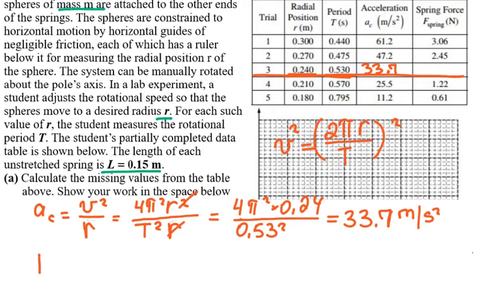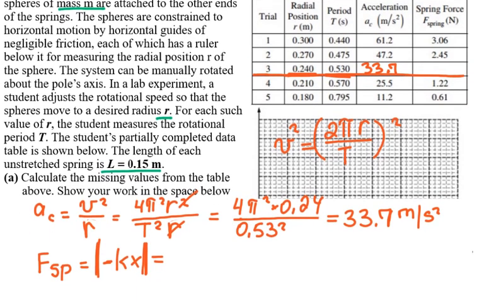And to find the force acting on the mass by the spring, we have the formula F equals kx. I don't have to write my kx negative because the negative doesn't matter, so I'm going to take the absolute value, which gives you the magnitude of the force. k is given, k is 20.4, and the stretch of the spring is, this is the relaxed spring, and this one in the table is when it is stretched.